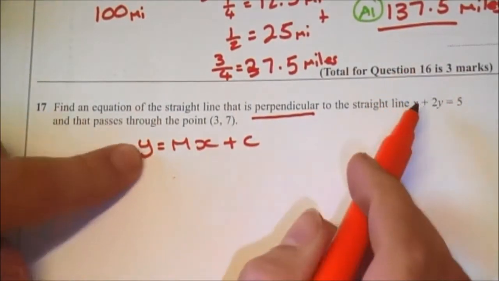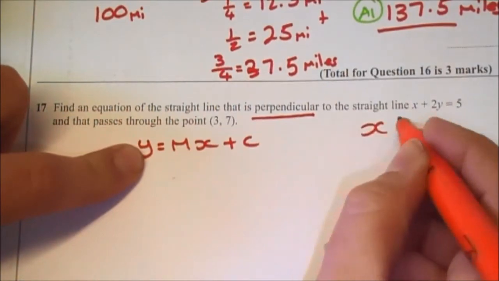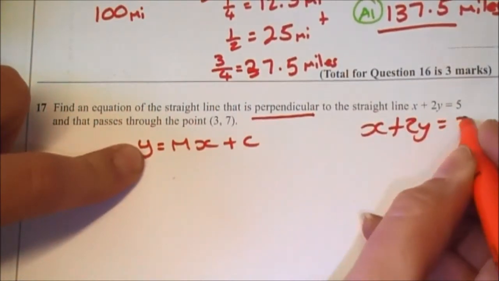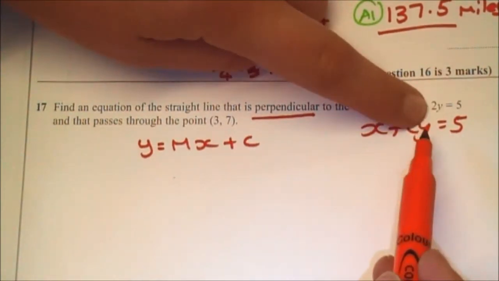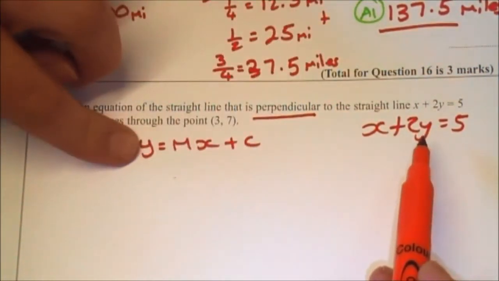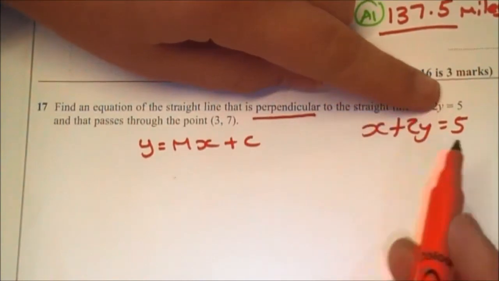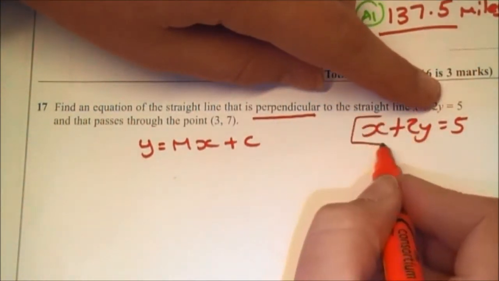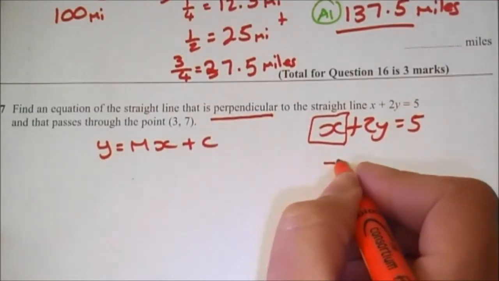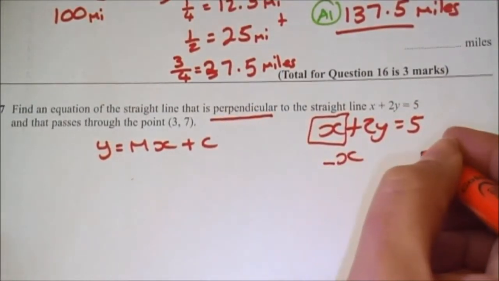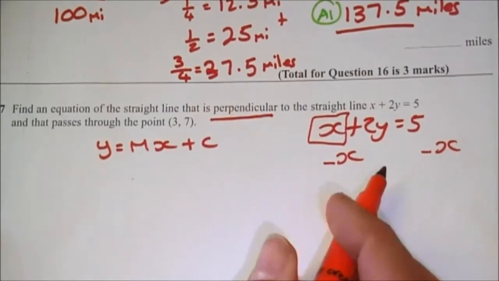So let's have a look over here. They've given me x plus 2y equals 5. So that's fine. I want the 2y before the equal sign because I want it to start with y. What I need to do now though is get that x over that side. So in order to do that, I want to take it away from this side and take it away from that side.